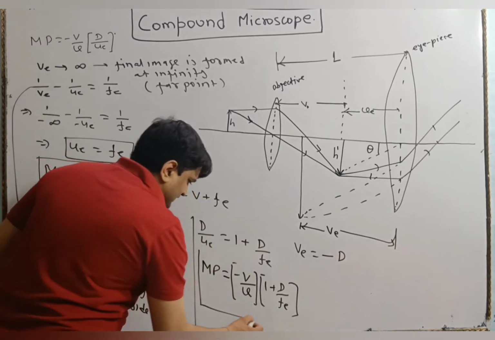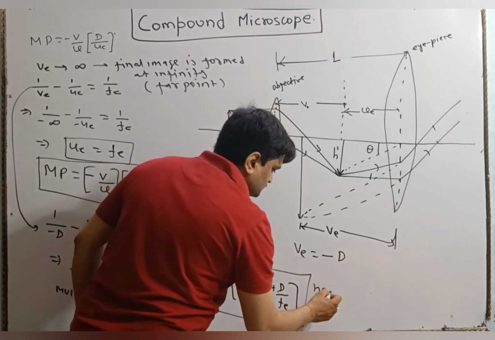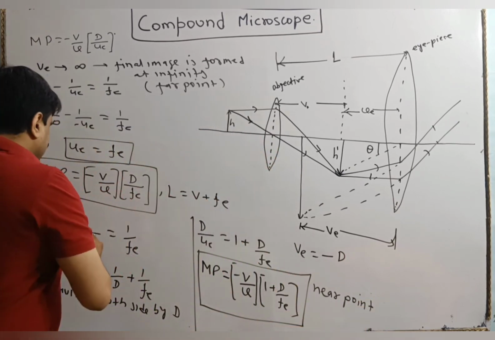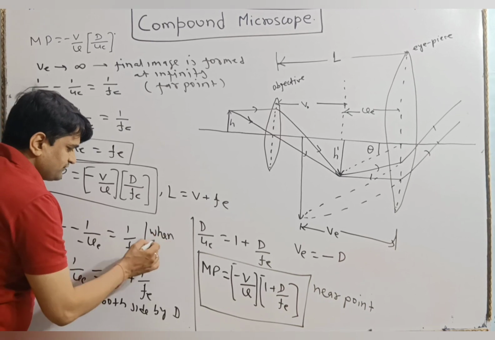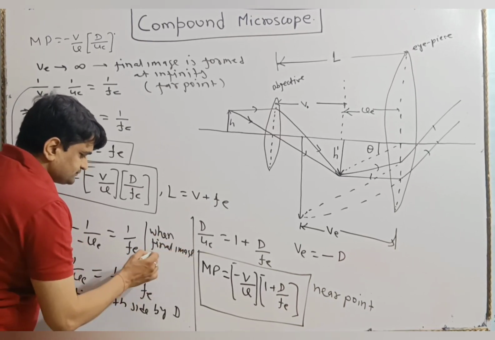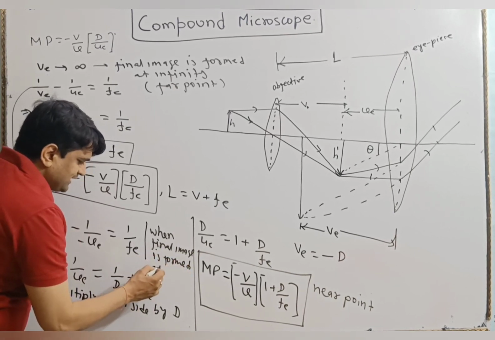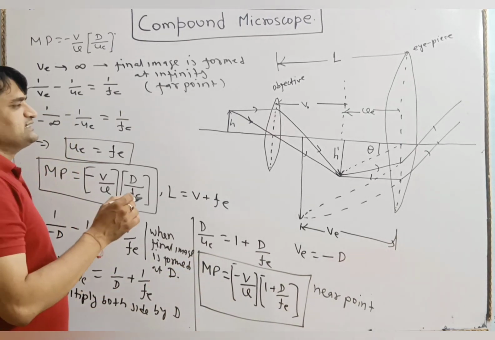This is the magnifying power for near point. This is called near point. That is, this has been discussed when the final image is formed at D, that means the least distance of distinct vision.